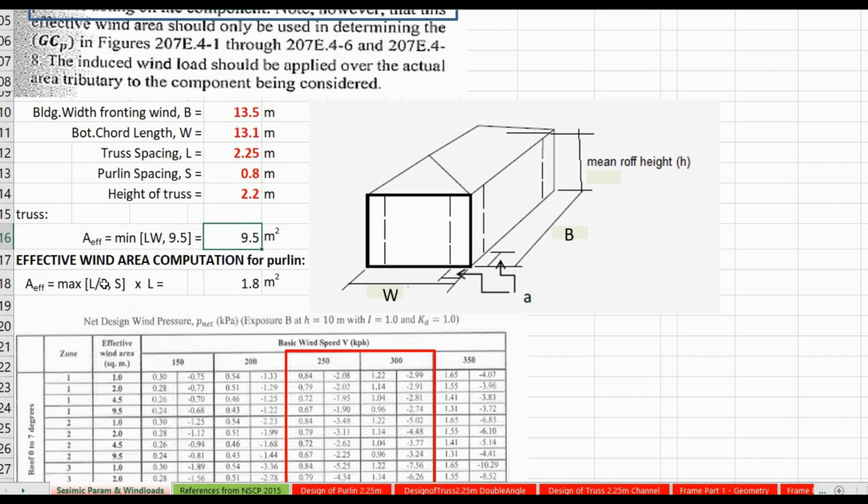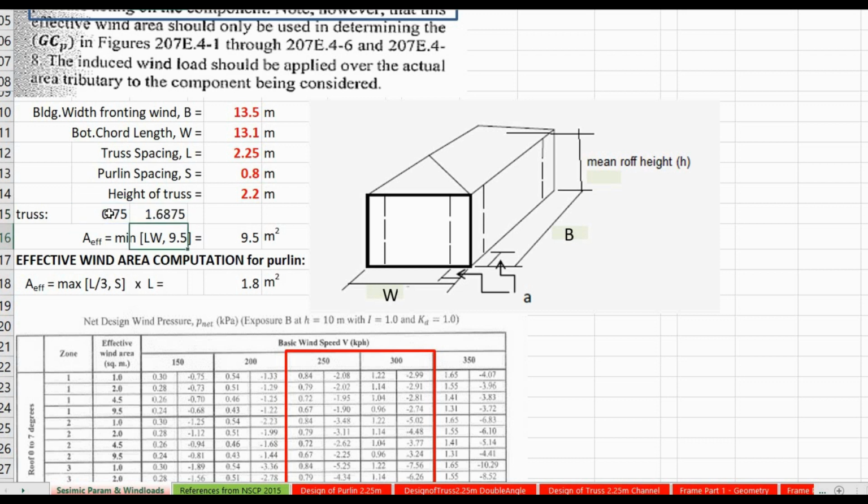And then for effective area for purlin, the computation is the maximum of these two equations multiplied by L. So L all over 3 is 2.25 divided by 3. And then S. Multiply this by L na 2.25.